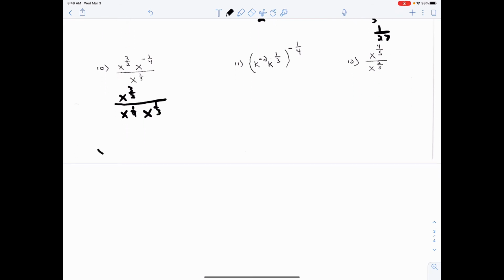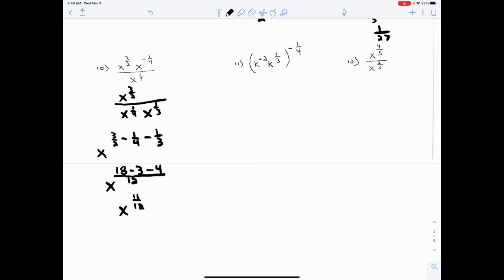We're going to take x to the 3/2 minus 1/4 minus 1/3 power. So we'll get a common denominator, which would be what? 12. And the first fraction becomes 18/12. The second fraction becomes 3/12. And the third fraction becomes 4/12. So that's x to the 11/12 power.